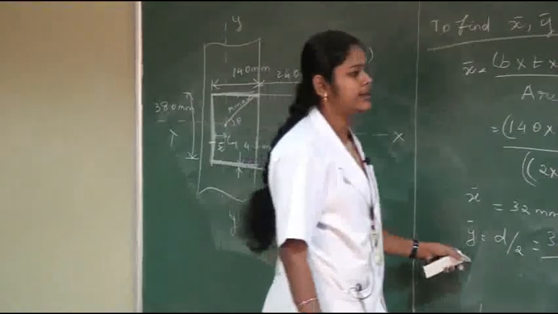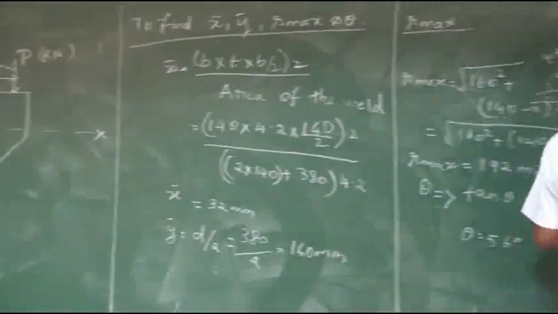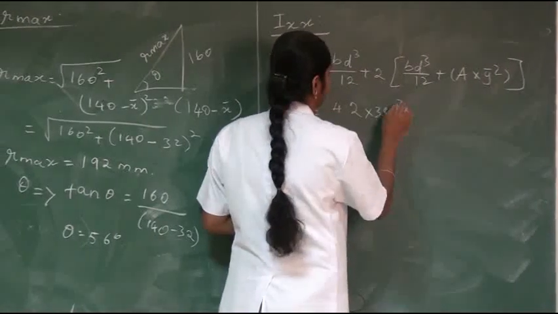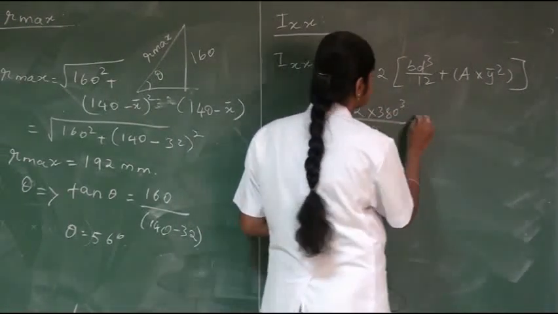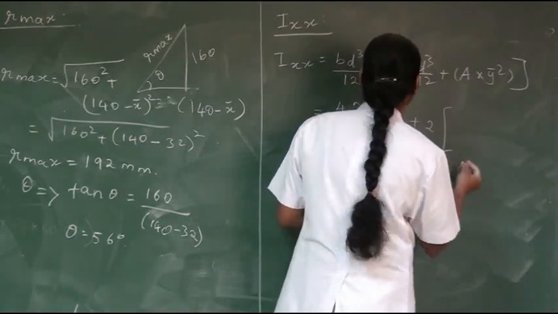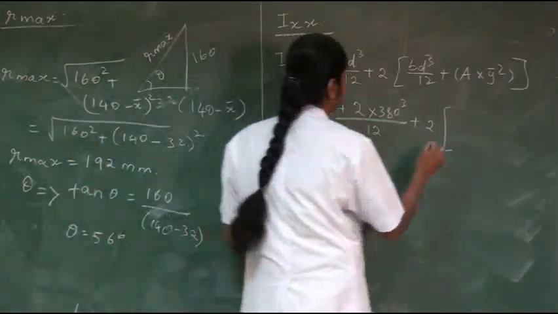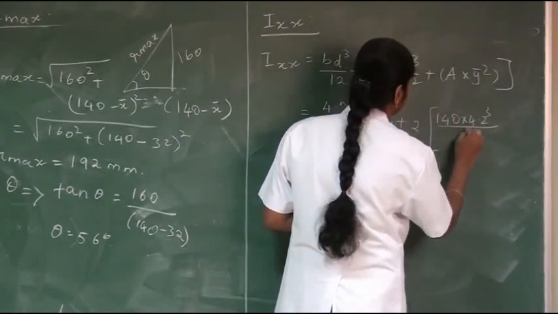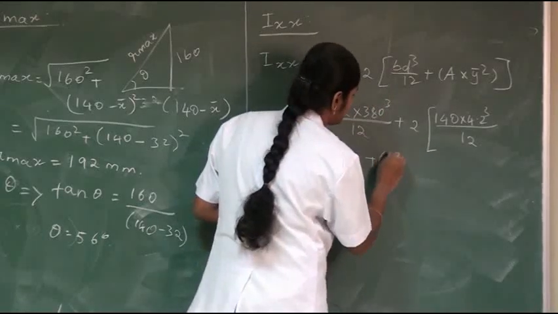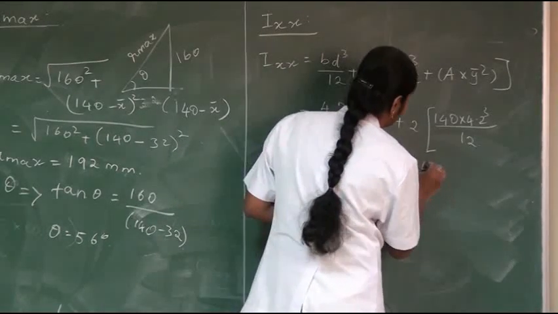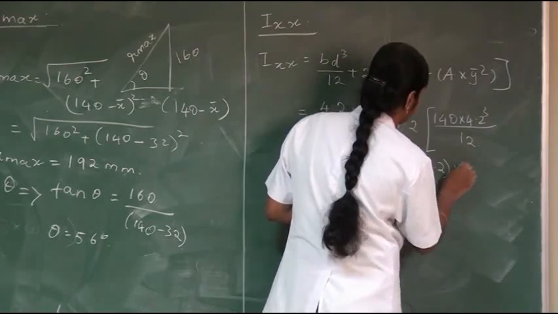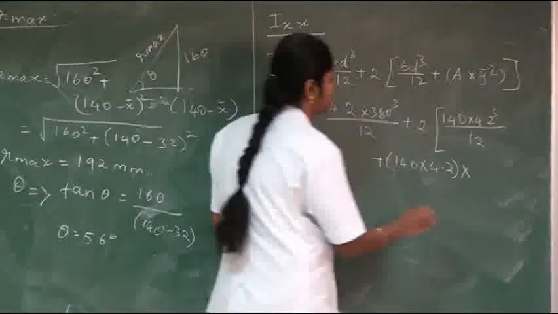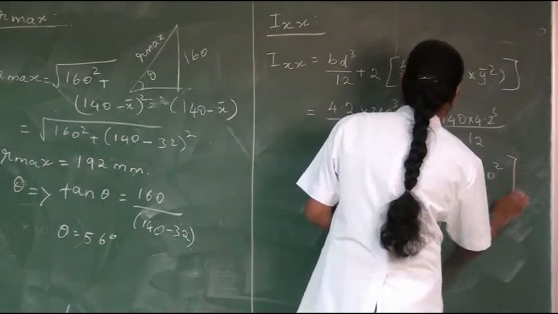Then Y bar we have calculated here. Breadth is 4.2 mm into depth 380 cubed divided by 12, plus 2 into, here the breadth is 140 and the depth is 4.2 cubed divided by 12, plus the area 140 into 4.2 into Y bar, which is 160 mm, 160 squared.